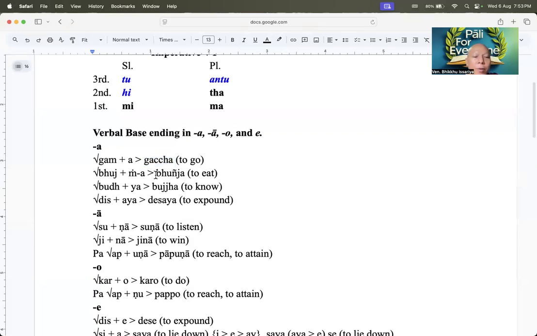Bhuñja, bhuñjāhi: you may eat, eat. Bhuñjatha: may you eat. Bhuñjāmi: may I eat, let me eat. Bhuñjāma: may we eat, let us eat.